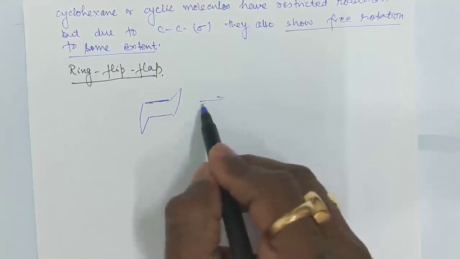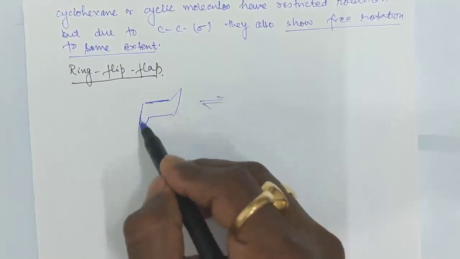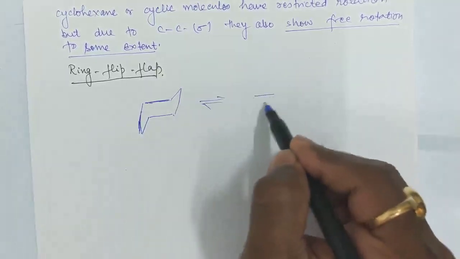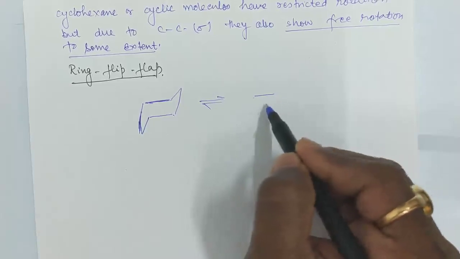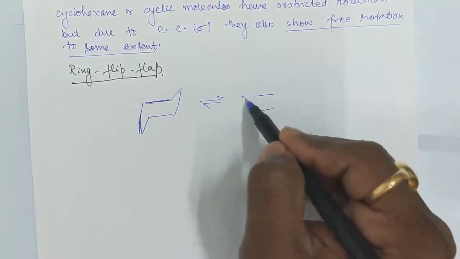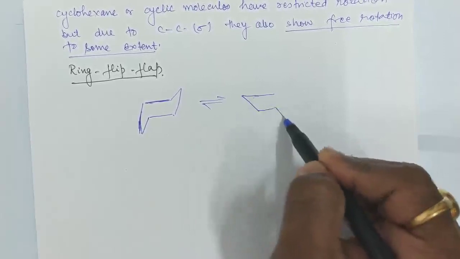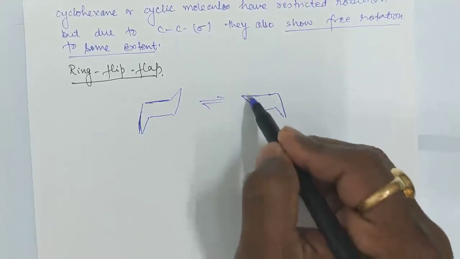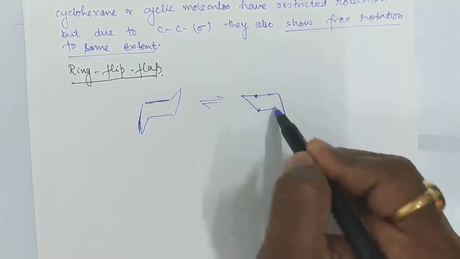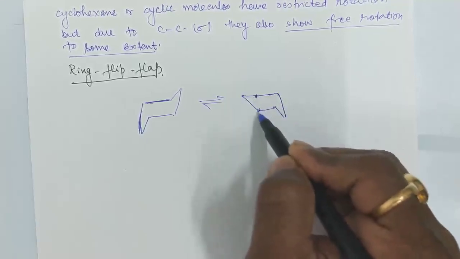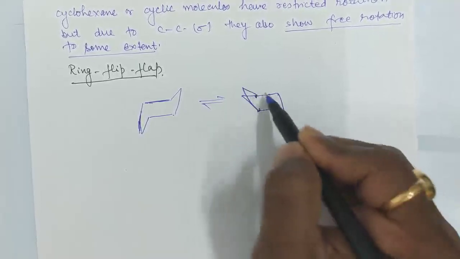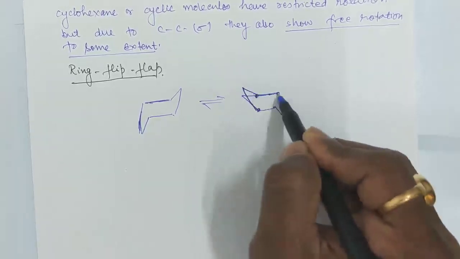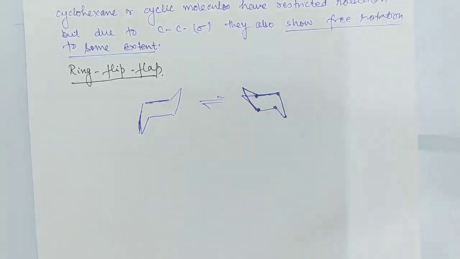So in the flipping of the ring, this side goes up and this side goes down, like this, right? So this is called flip flap of the ring.